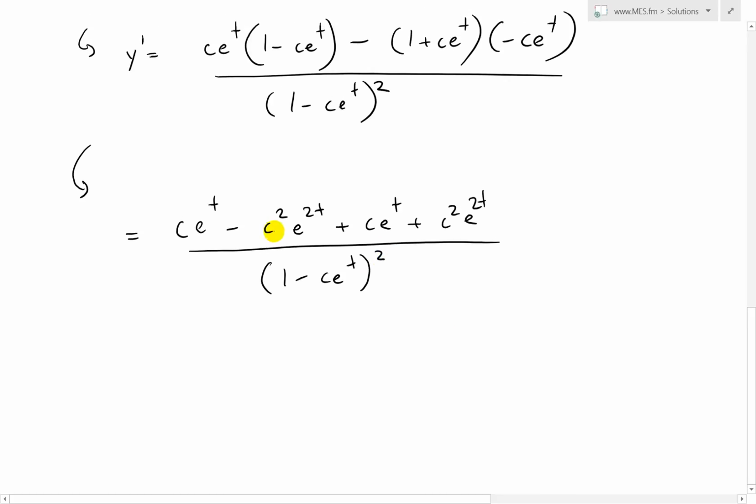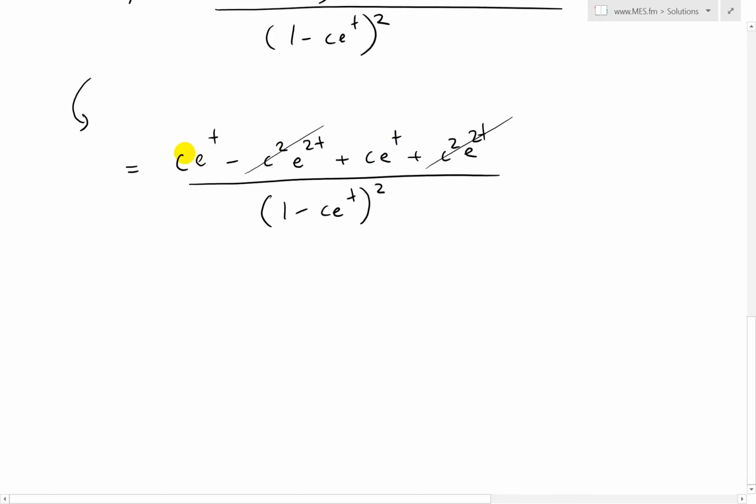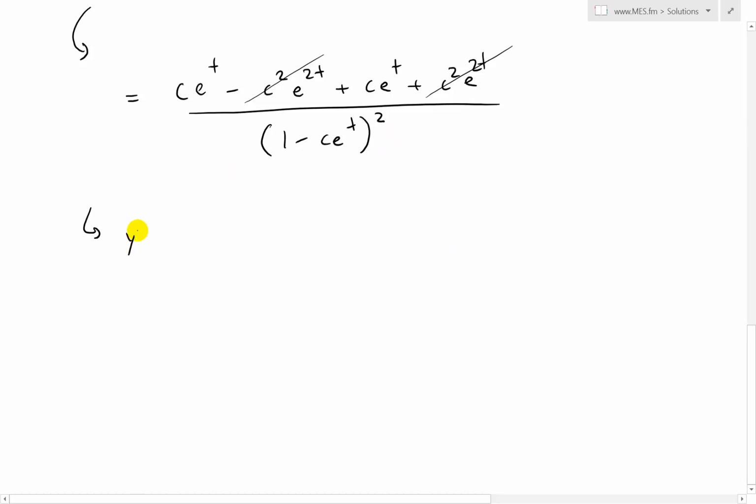As you can see, this cancels with this, and this c e to the t adds up with this one, so what we end up having is y prime of our function equals 2c e to the t over (1 minus c e to the power of t) squared.